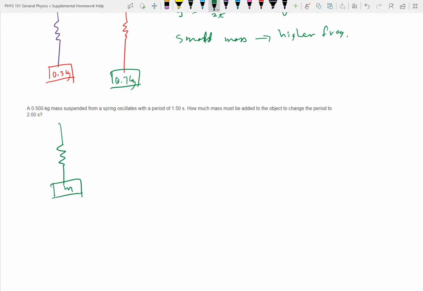So we have here period is equal to 1.50 seconds. And then we want to change this. So we have the same spring, but a different mass. Period is equal to 2.00 seconds. And they both have the same K.